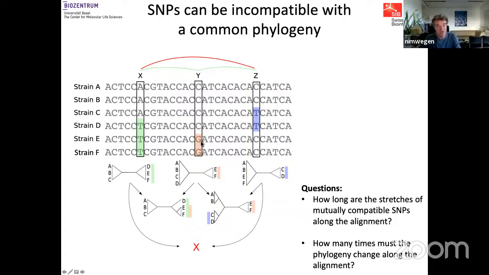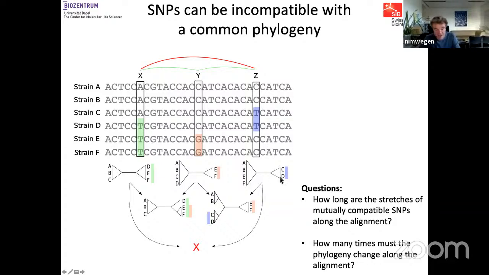another side. And you can combine information from such SNPs, right? So if I take these two together, now I can further refine the tree and say, look, I have to have both these branches. But a key observation is that you can also have pairs of such SNPs that are simply inconsistent with a common tree. So if you look at X and Z here, Z says that there must be a branch with C and D on one side and A, B, E, and F on the other side.